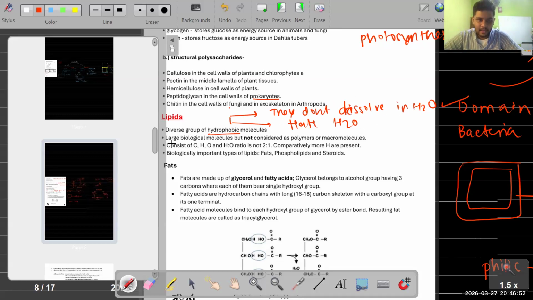Okay, second point. They are large biological molecules but not considered as polymers. This is very, very important because this has been asked in your past papers also. Students confuse lipids with macromolecules and biopolymers. They are large biological molecules but not polymers or macromolecules.